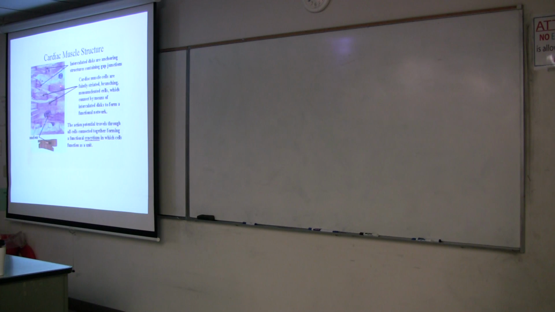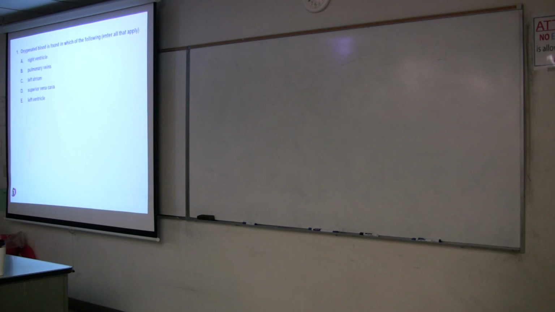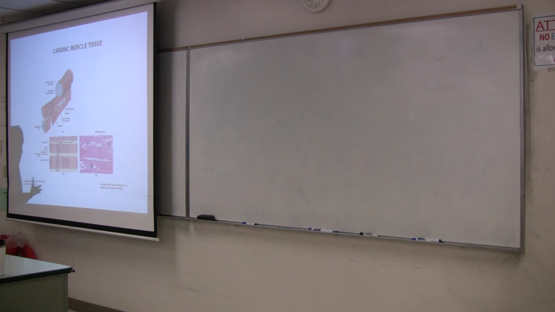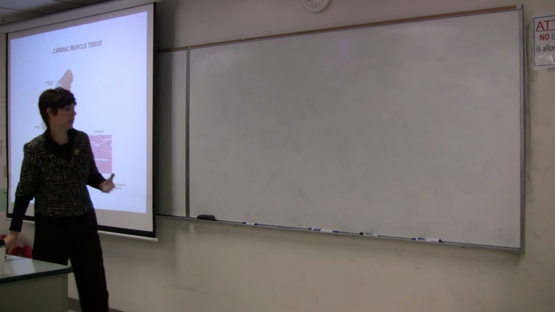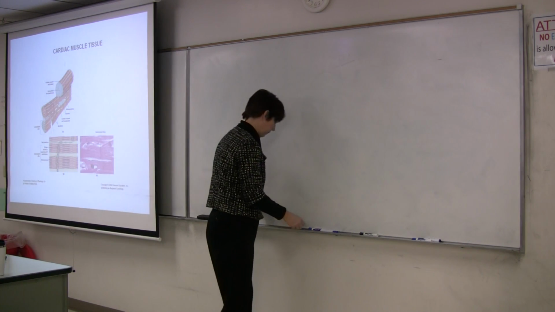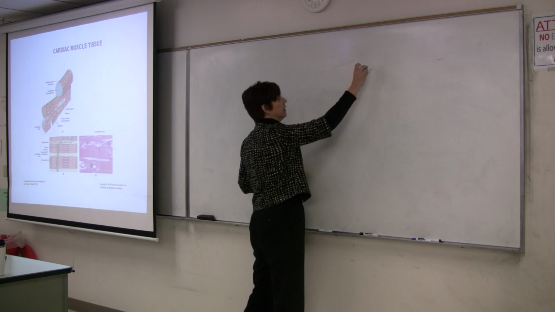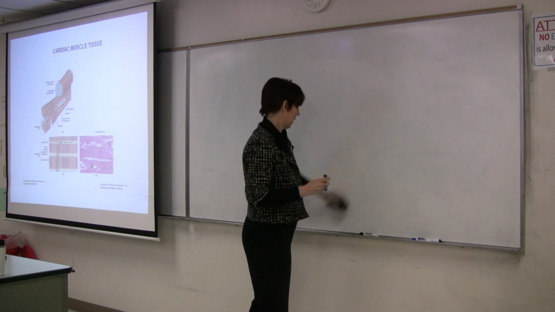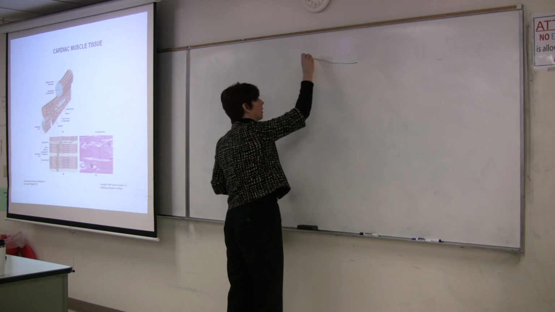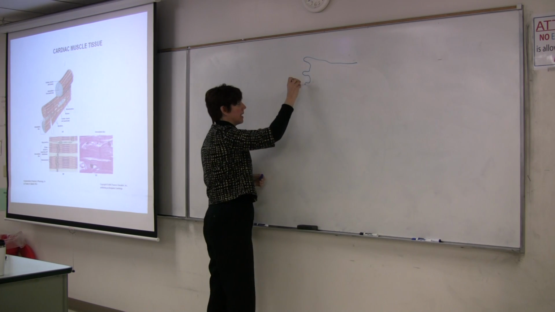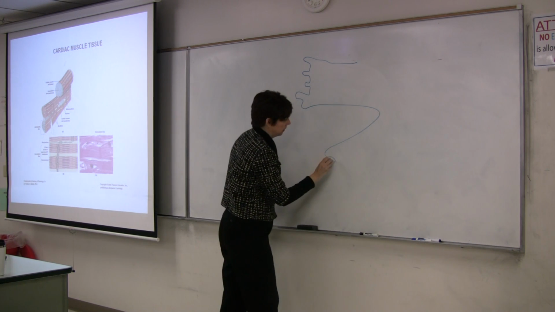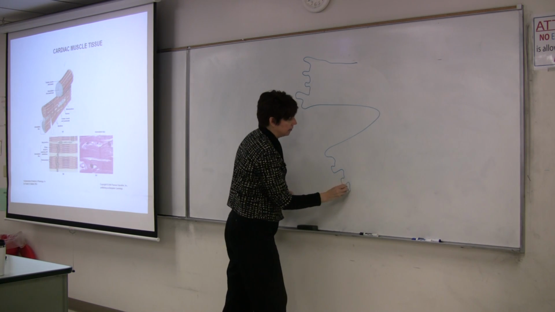So when we draw a diagram of cardiac muscle cell in appearance, let me put it here. First of all, right off from the start, they look different from skeletal muscle because they are branching. And they form these irregular foldings where they join with another cell.